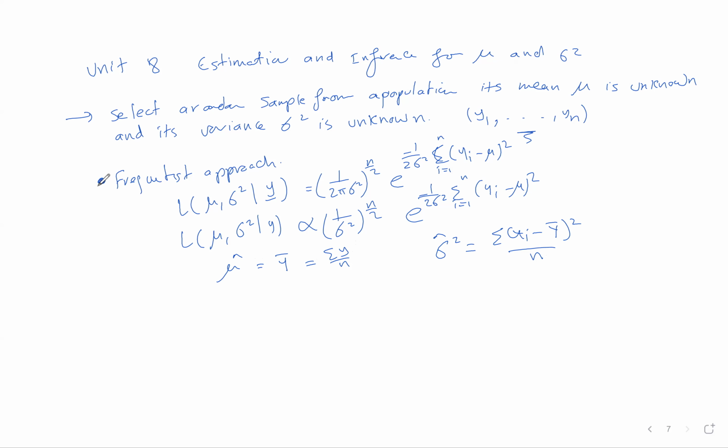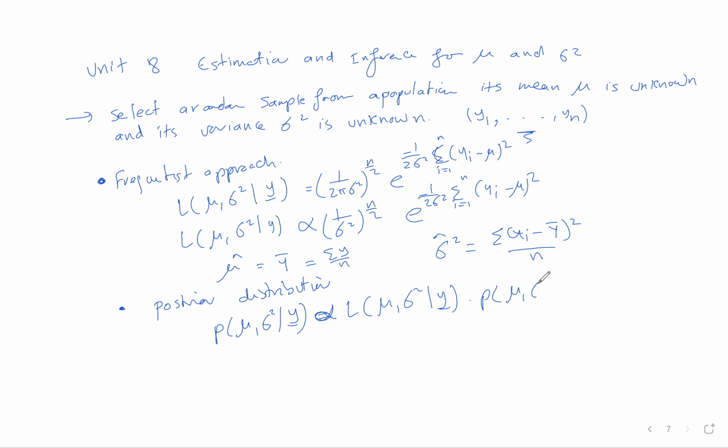What about the Bayesian approach? In the Bayesian approach, we multiply the likelihood by the prior distribution to get something called the posterior distribution. This is the probability of mu and sigma square given we know the data. This is proportional to the likelihood of mu and sigma square given the data times the prior distribution of mu and sigma square.